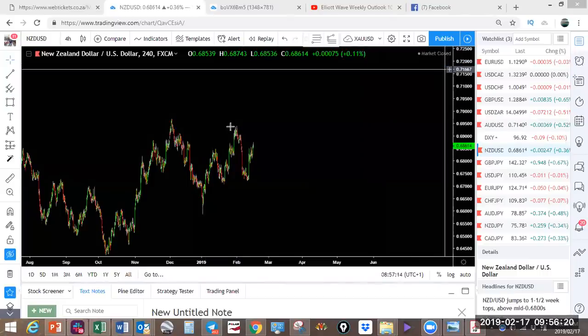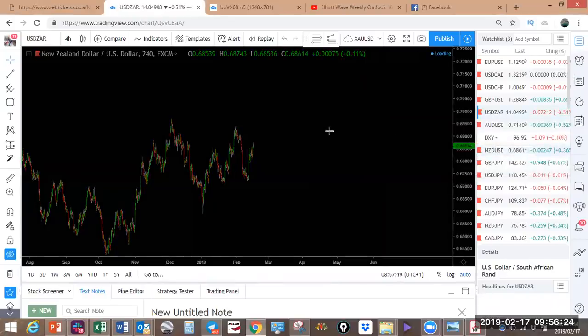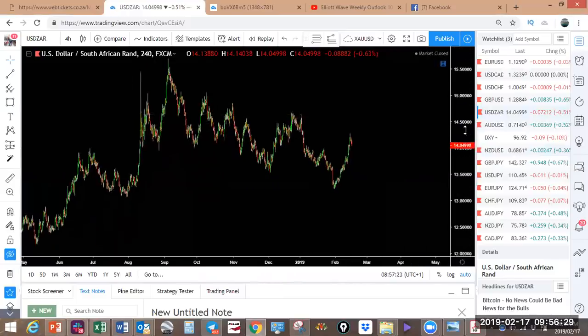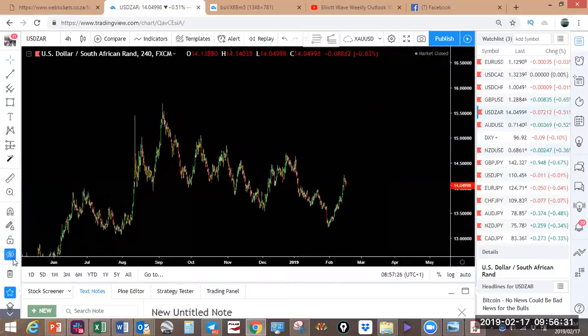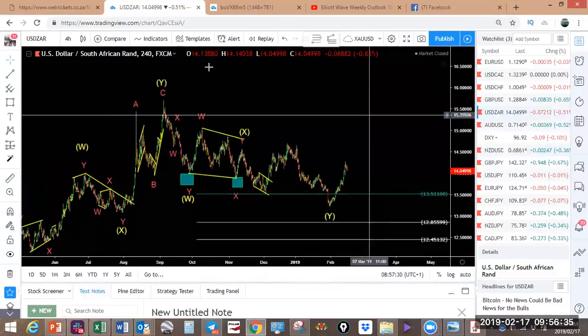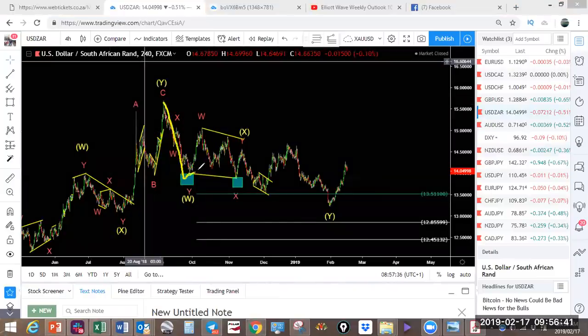All right, and then let's look at US dollar ZAR. US dollar ZAR is playing out perfectly. So let's see what the structure is here. We have looked at this running flat from when this structure started playing out. 1, 2, and a 3.